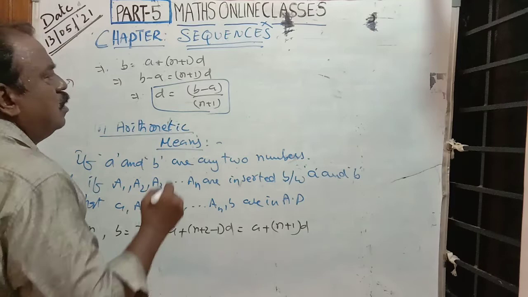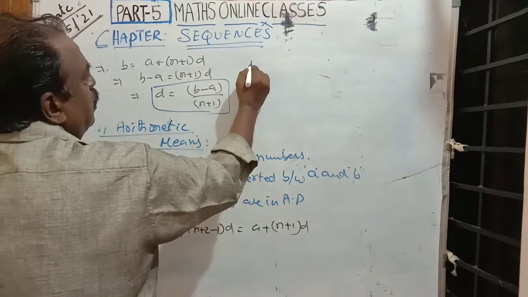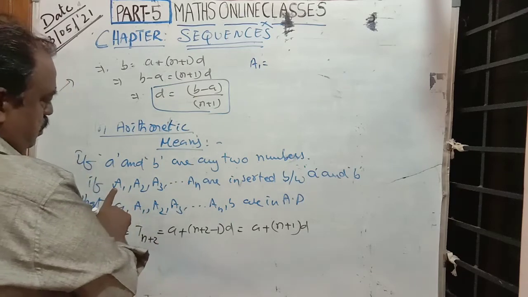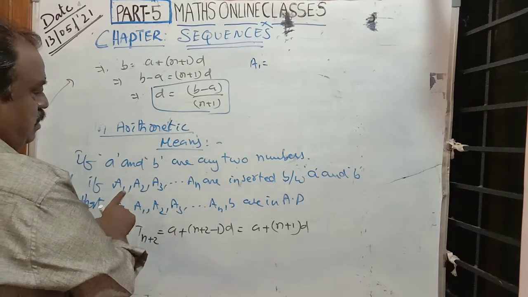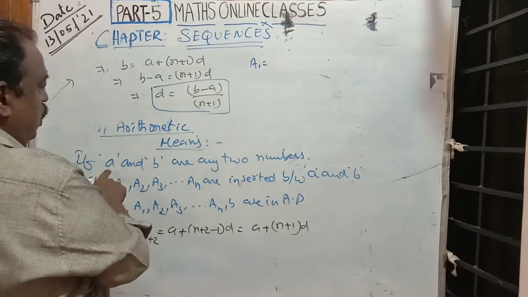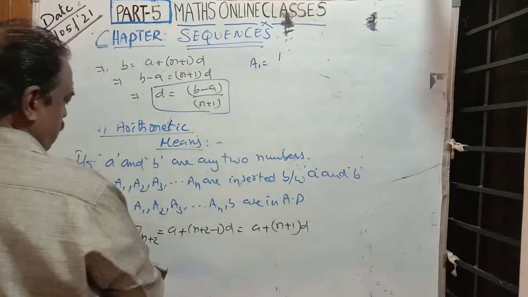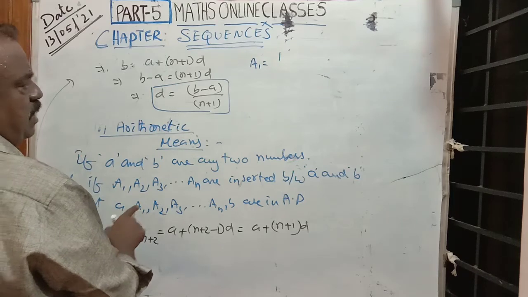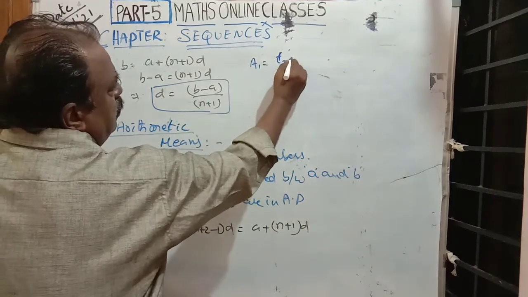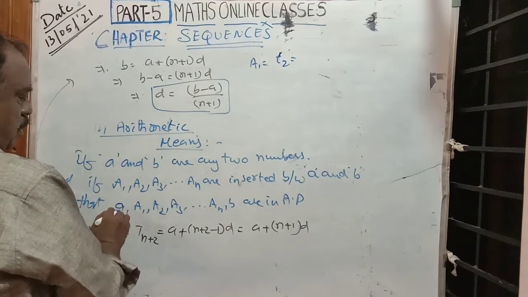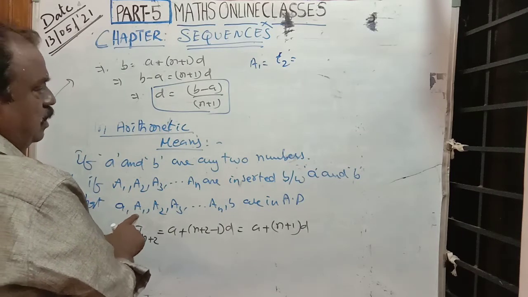Now, here you see capital A1. What is capital A1? Capital A1 is the very first number that is inserted between the two given numbers A and B. But here in the series, it is the second term, T2. Don't forget. A1 is the second term.